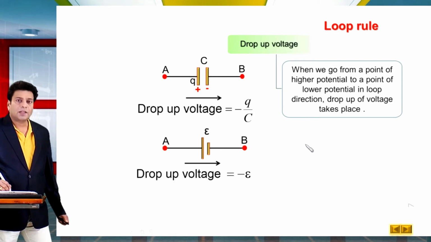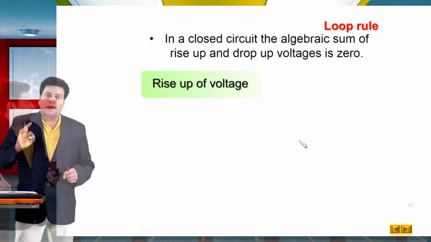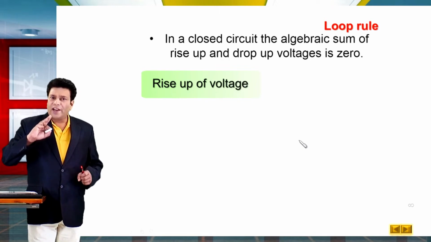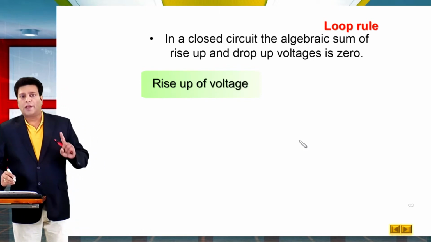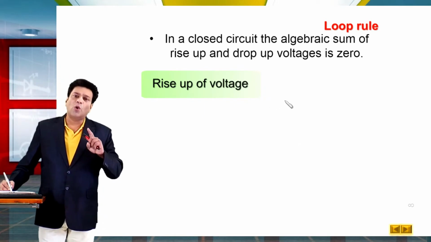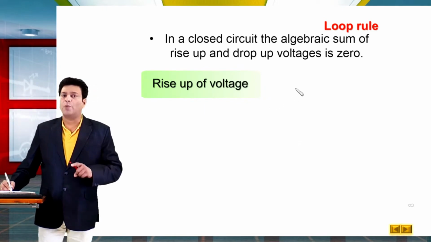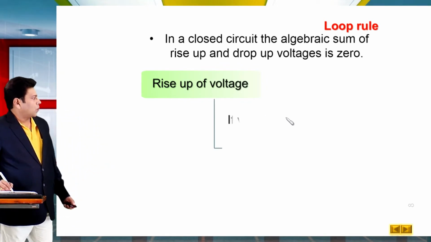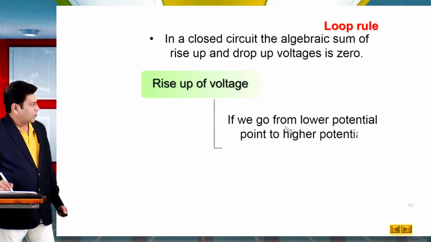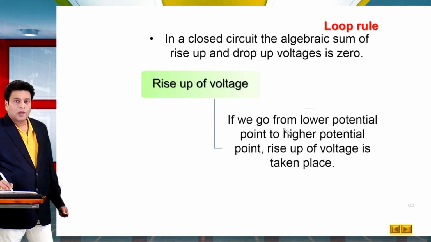Now, let us discuss rise of voltage. We can define rise of voltage in the same manner as the drop of voltage. If we go from a lower potential point to a higher potential point, a rise of voltage takes place.